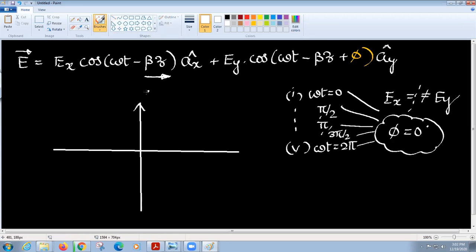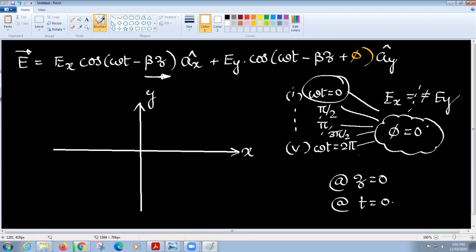This is my y-axis, and this is my x-axis. Now I take omega t equal to 0, phi equal to 0. Same condition again. If I freeze at z equal to 0, at t equal to 0, I'm on the transverse plane.